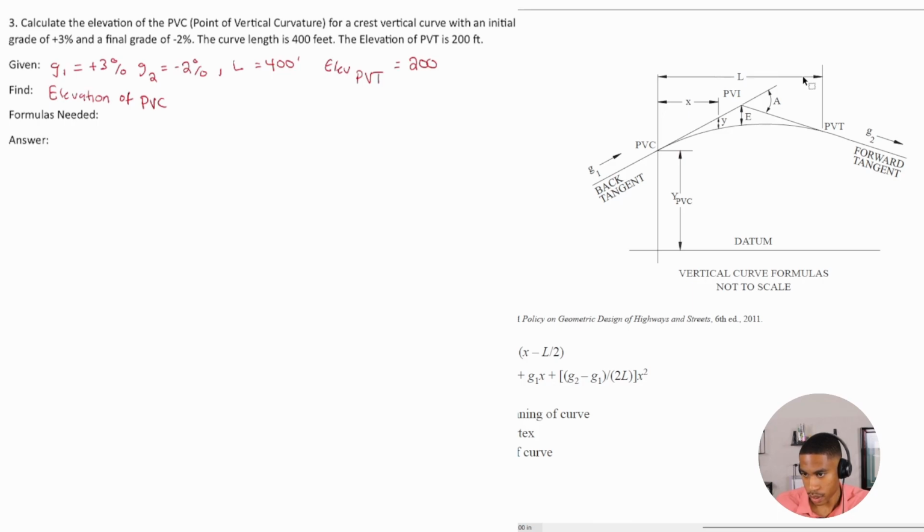And we also have the grades, right? So we have G, G2, G1. Back tangent.